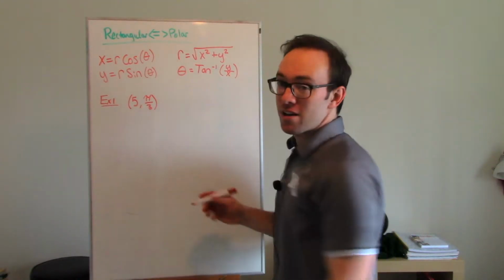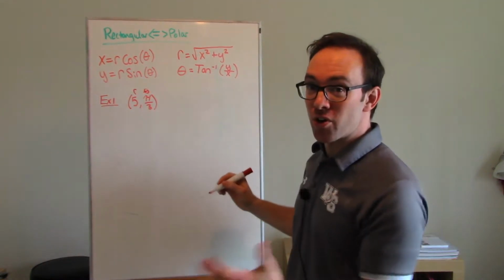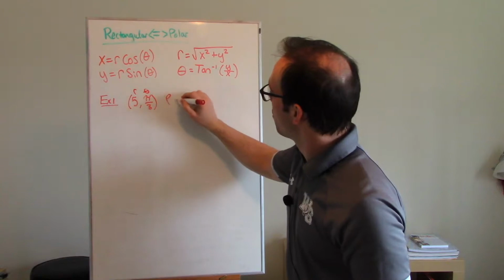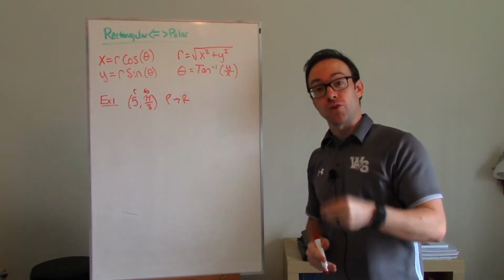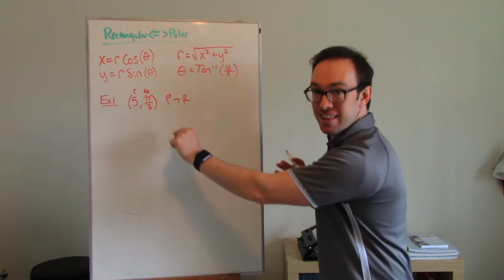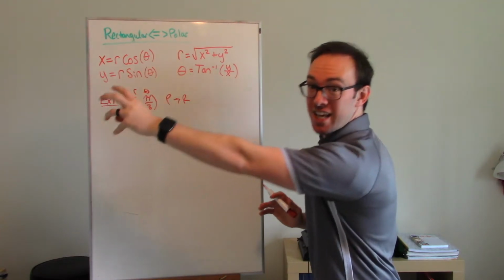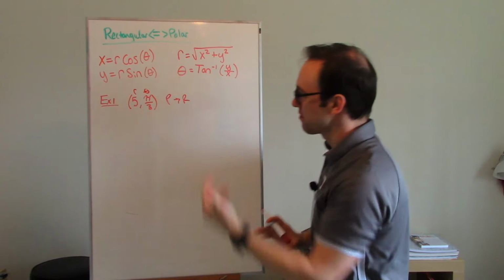Since this is giving us an r and a theta, we know that we are going to convert from polar to rectangular. For this particular question, all you have to do is take the r and the theta and plug it into the x equation and then plug it into the y equation.